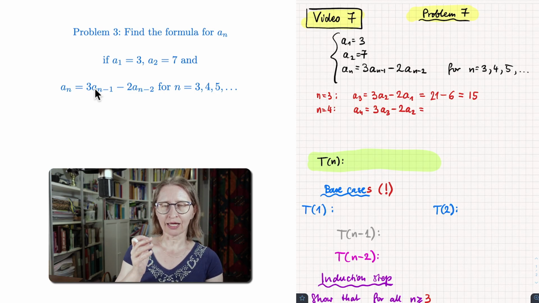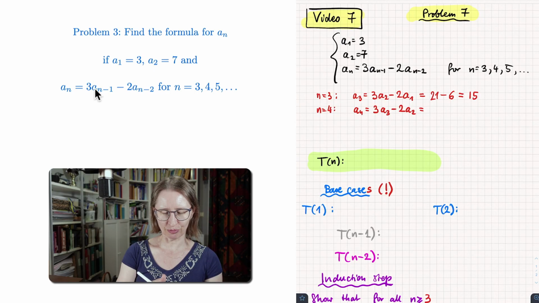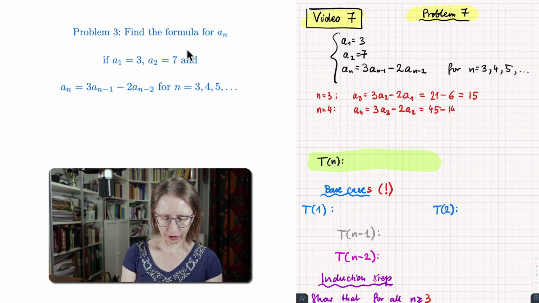So again a_4 depends on a_3 and a_2. And here a_3 we got this result 15 in the previous step. So here we have 3 times 15 is 45, and then we have to subtract twice a_2. a_2 is 7, so it will be minus 14.